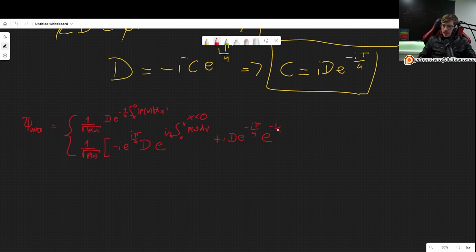Minus i over h bar, integral from 0 to x, momentum, x prime, dx prime. And all of this is valid for x greater than 0.